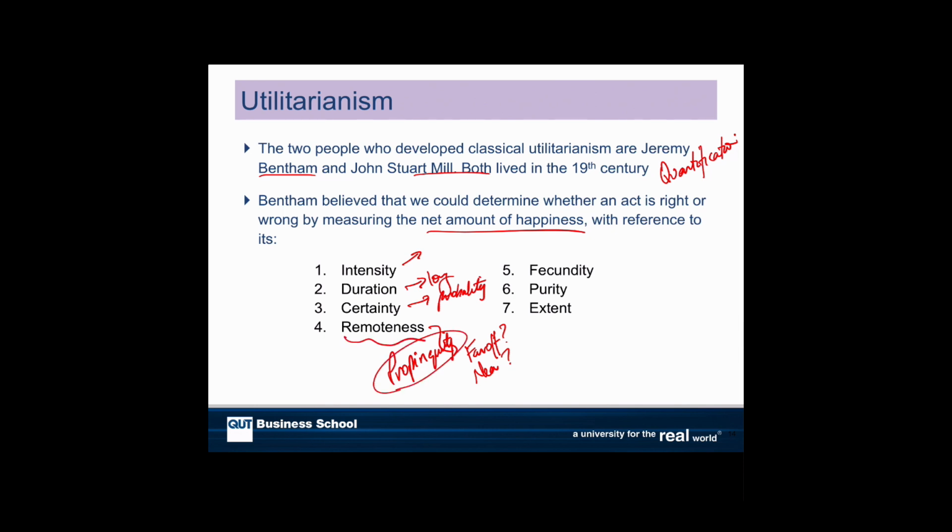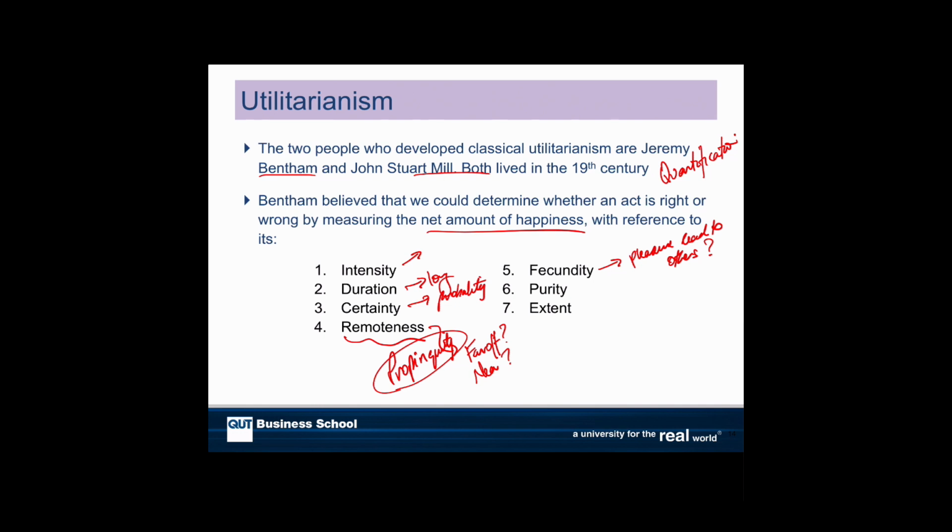Now, fecundity: what fecundity means is, will the pleasure lead to other pleasures? Maybe if you go have a few drinks at a bar, you might meet someone nice. So one pleasure, going out for a drink with your friends, might lead to other untold pleasures. That's the idea of fecundity, the knock-on effect.